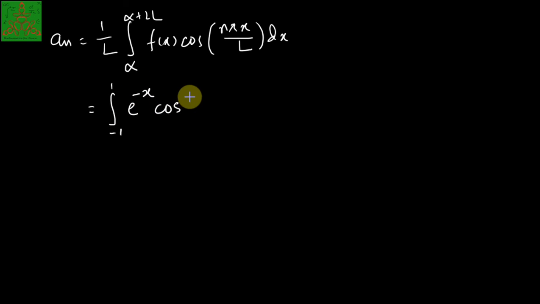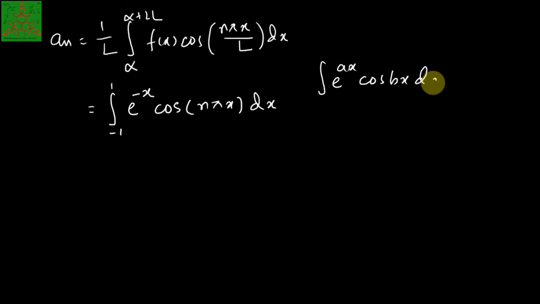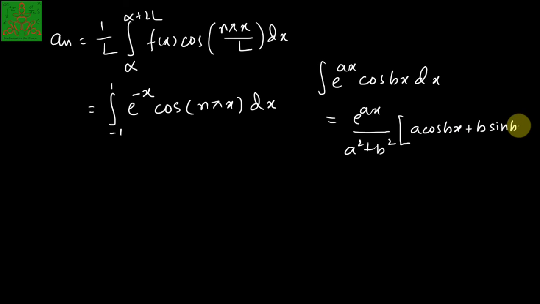minus x cos n pi x dx, and we know that this formula, integral of e power ax into cos bx dx, will be e power ax upon a square plus b square. In bracket we have a cos bx plus b sin bx.